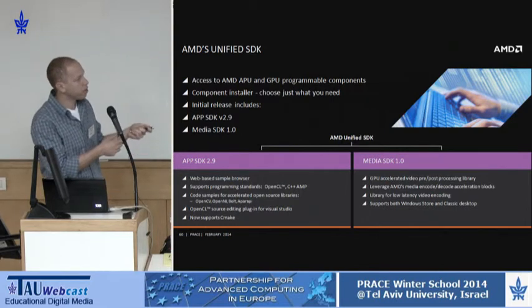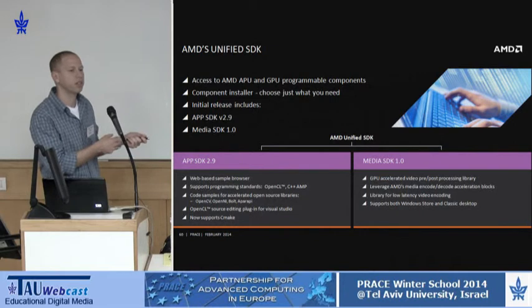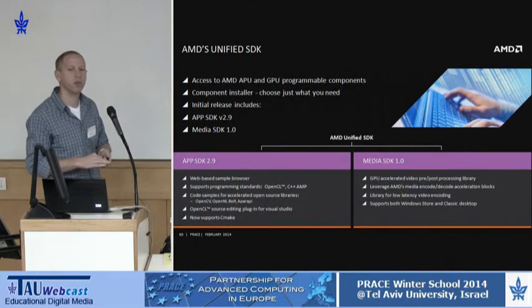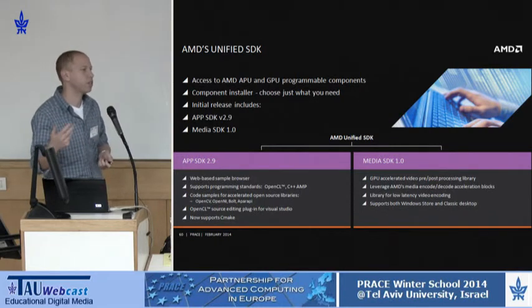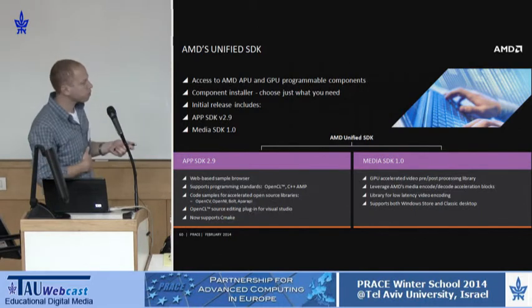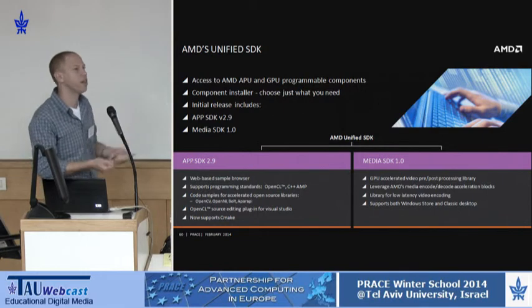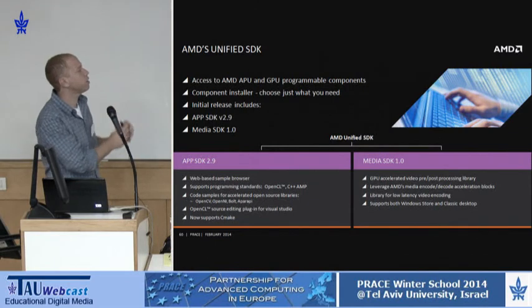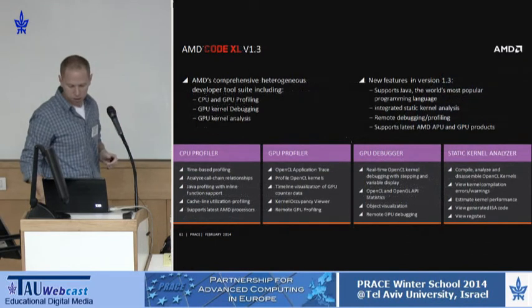Actually, AMD GPUs also have a few digital signal processors on them. We have a video encoder and a video decoder, and we have the ability to decode video, run some OpenCL processing kernel on it, and encode it back and do it all on the GPU. So we have a media SDK that unleashes all the nice features that we have with video encoding, and we intend to have a unified SDK for both of them.